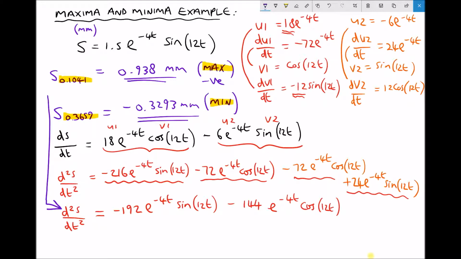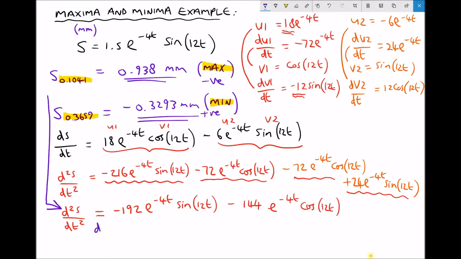And if we have a minimum, the second order derivative must be positive. Now what d squared s by dt squared represents is actually the acceleration. So where we have a maximum displacement, we have a downwards acceleration. And when we have a minimum displacement, we have an upwards acceleration. So the mass is constantly being accelerated towards the centre line.